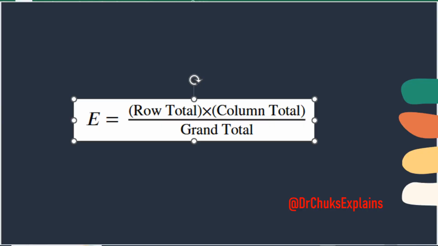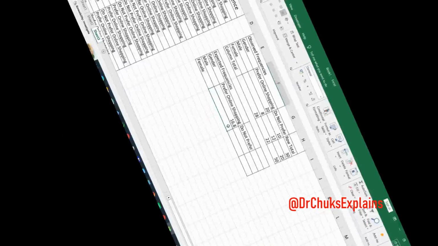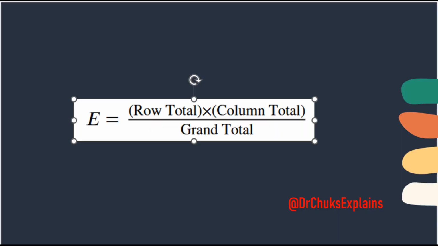You key in equals H3, that is the row total, times, because we want to calculate for male, we go from the row total for that same position, times 28, that is F5, divided by the grand total, that is this. That's the formula. We've keyed it in here and we press enter and we get this.